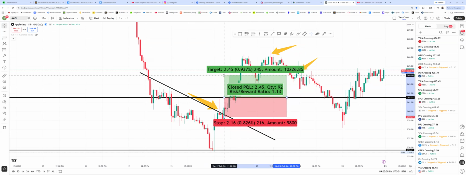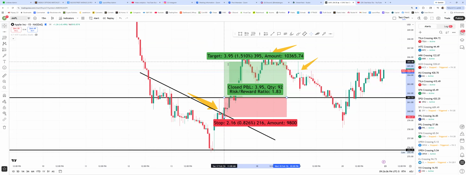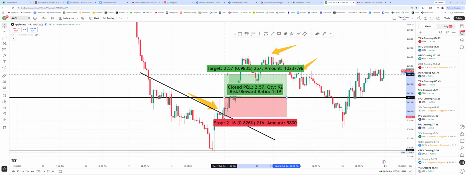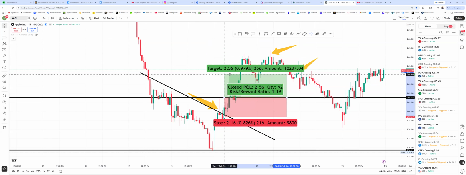So instead of making my target aggressive all the way here to make a profit, I'll just say the fact that the pin failed, I just want my money back. So my target will be 1-to-1, not even 2-to-1. I'm just trying to get the money that I lost back. And I would have got it back right here.